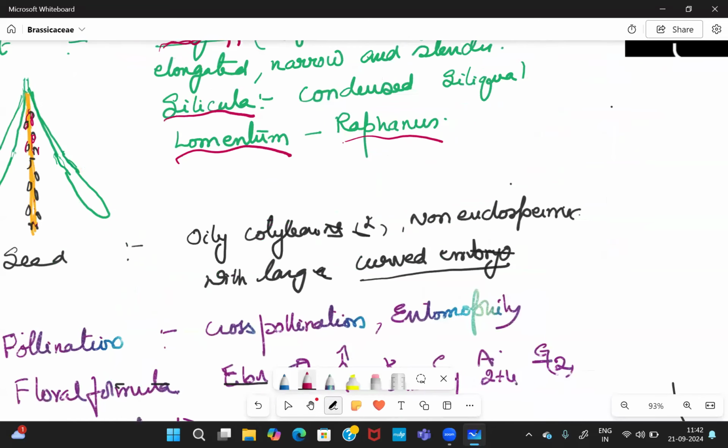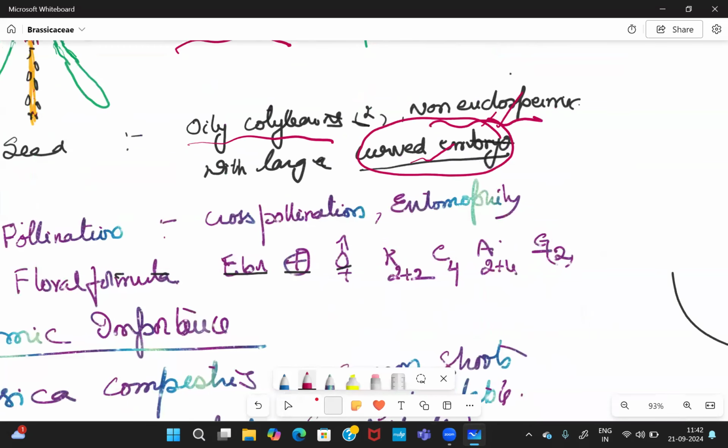Next, come to the seed. These cotyledons are oily, and the seeds are non-endospermic because those are dicots. Normally dicots show non-endospermic seeds only. A large curved embryo is present. What about pollination? Cross-pollination through insects.